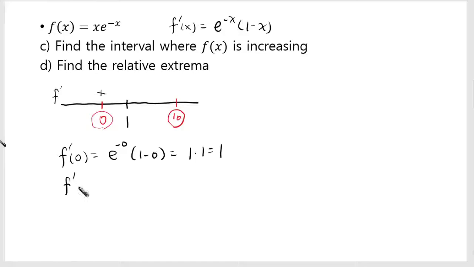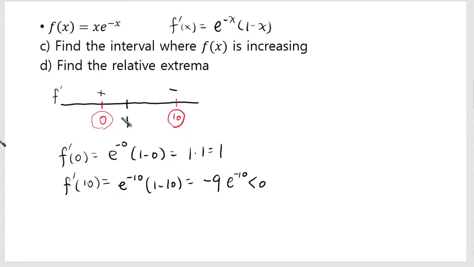Then f prime of 10 would be e to the negative 10 times 1 minus 10, which is negative 9 e to the negative 10. And e to the negative 10, exponential functions are always positive. So you have a negative number times a positive number, so that's negative.